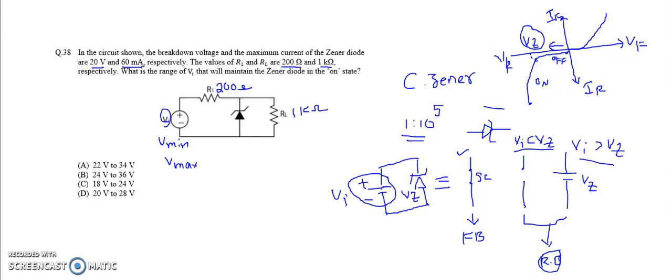That's how we can say that the Zener diode is in the off state. Just after the Vz, from here to here, the Zener diode can be said to be in the on state.